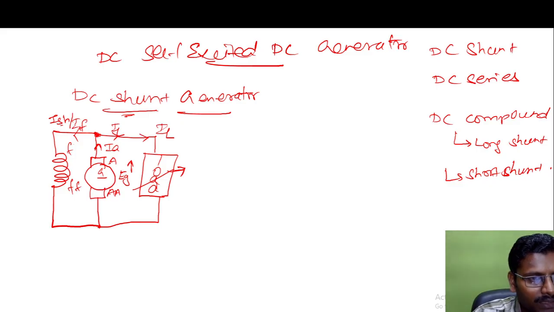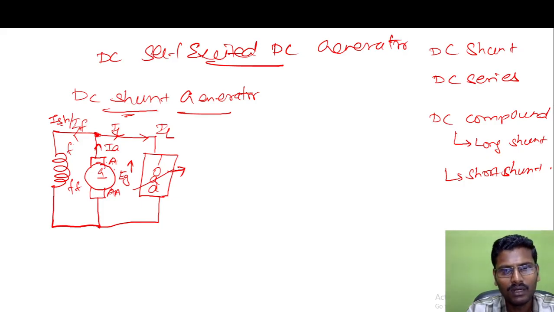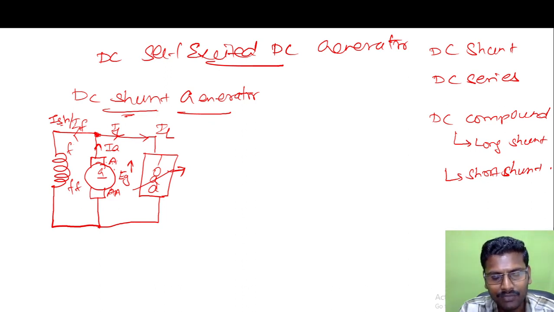Now the armature winding will produce some flux due to residual magnetism. Residual magnetism is nothing but, by nature, whenever we wound a coil on a core, the particular setup will become a magnet, right? While it is changed to a magnet, it will exhibit a magnetic property in terms of magnetic lines, flux lines, right?